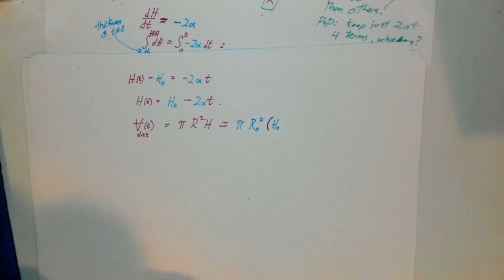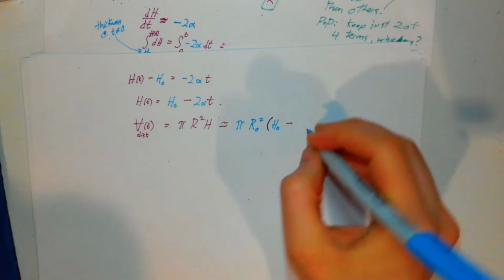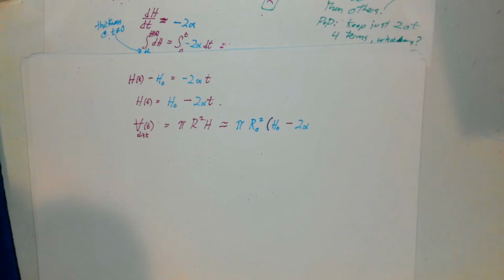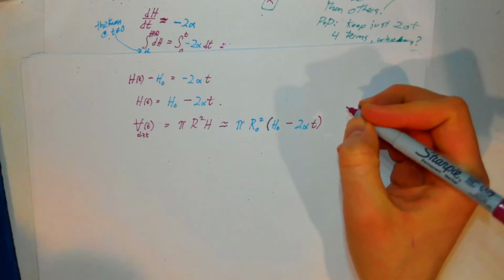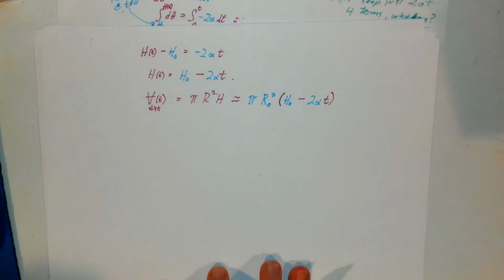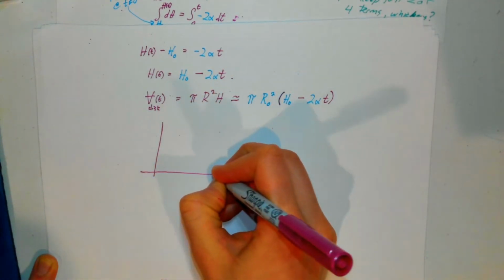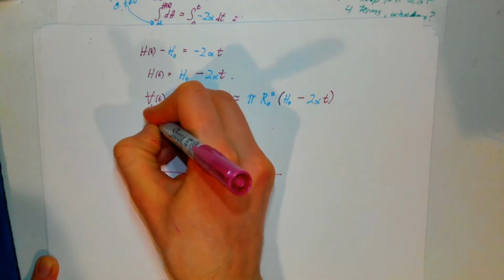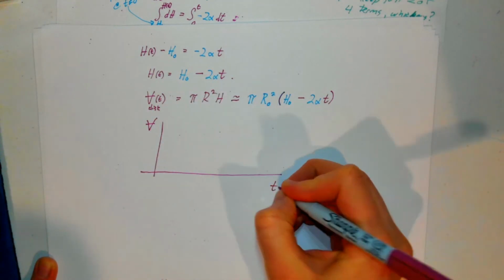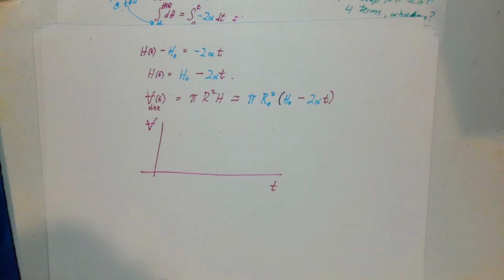So h naught minus 2 alpha t. So what's the key thing with this volume of the disk? We'll take a moment now and plot what the volume looks like as a function of time.